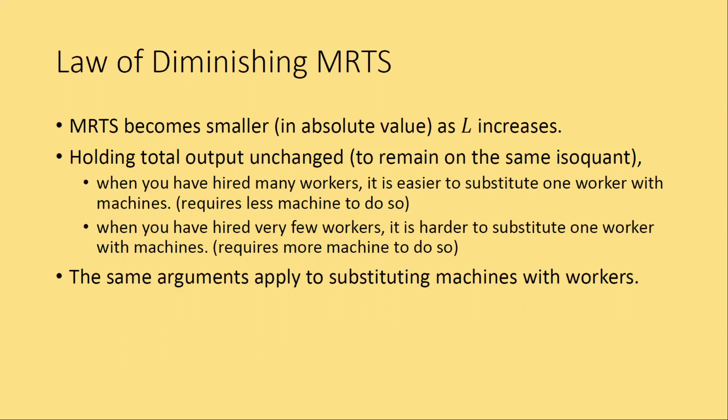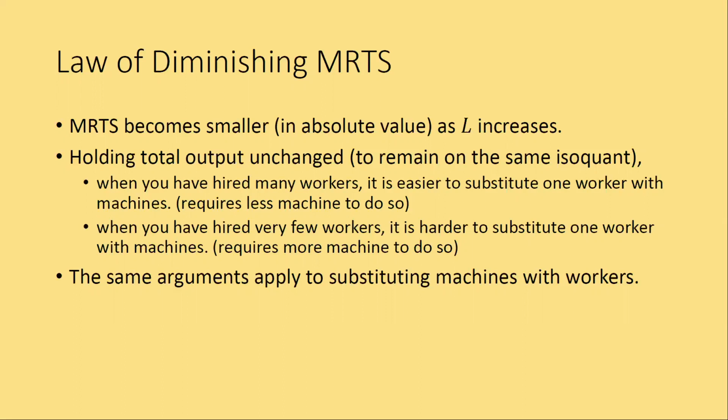And by more, it is comparing to the first case. It would require the firm to employ more machines to substitute away one worker when the firm has only hired very few workers. And again, maintaining the level of output the same. So therefore, the MRTS is becoming smaller when the firm has hired more workers.